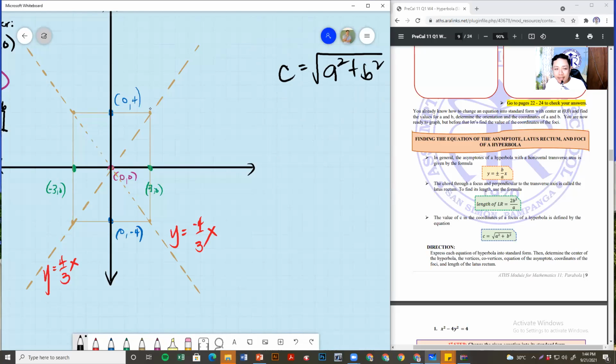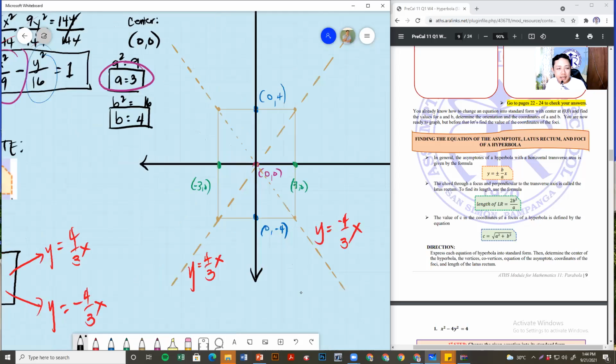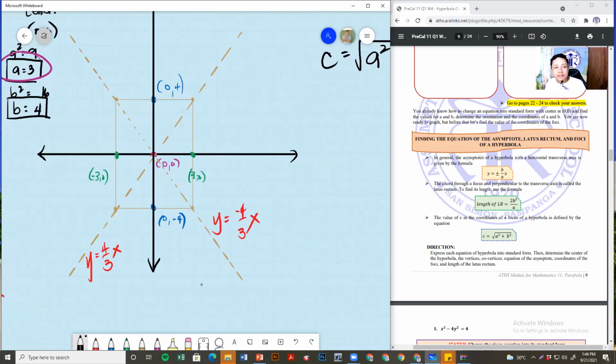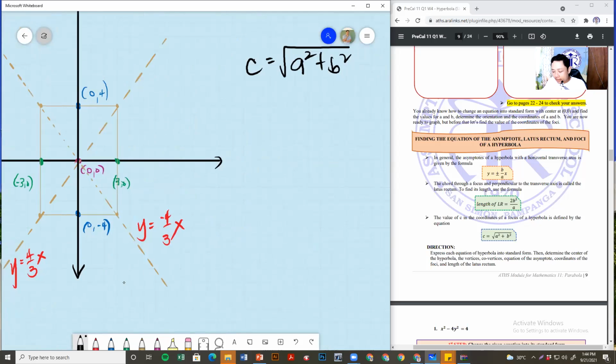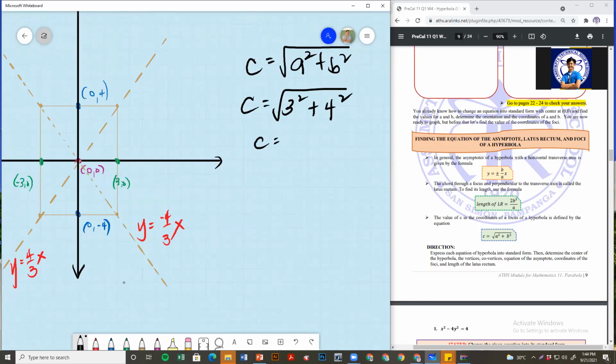Now, let's continue. Let's solve for c. If a is 3 and b is 4, what's the value of c? Type it in the chat box, please. What is the value of your c?